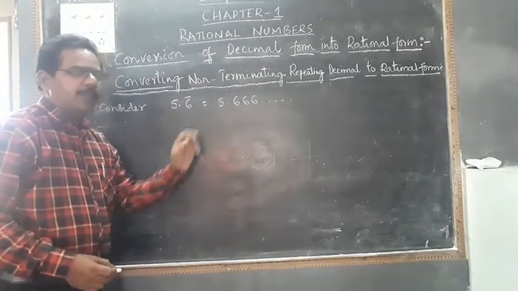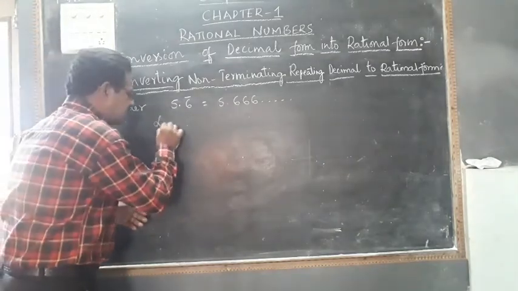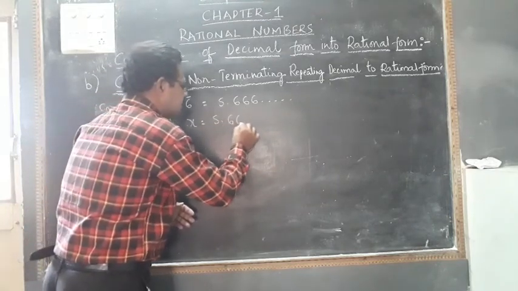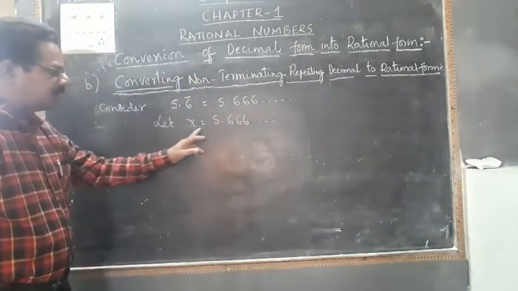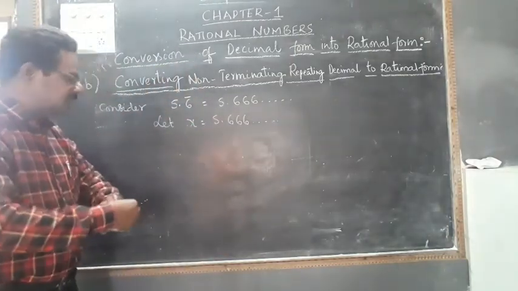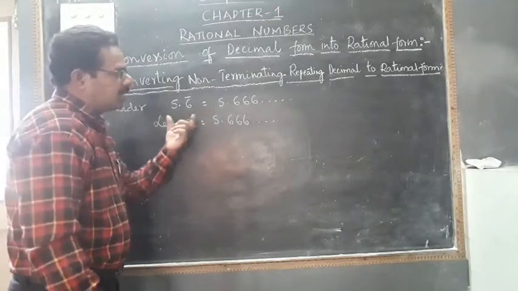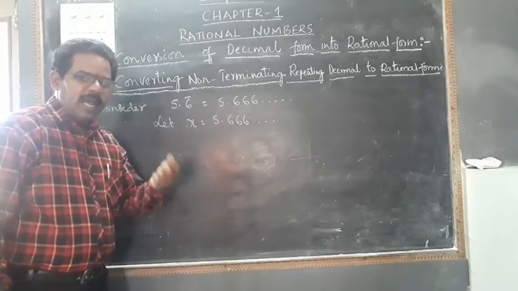In a non-terminating repeating decimal, first of all, we have to consider let x equal 5.666 and so on. Okay, 5.666 can be taken as x. In the terminating decimal, what we did was multiply by one number and divide by the same number.